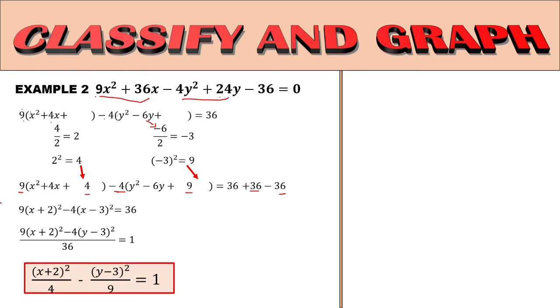But now, this is a hyperbola in horizontal orientation, because the first term of the hyperbola includes the x variable. When the first term includes the y variable, it's a vertical orientation. But in this case, horizontal orientation.